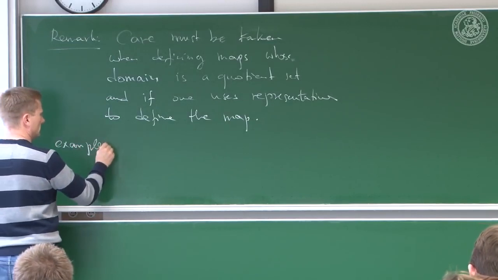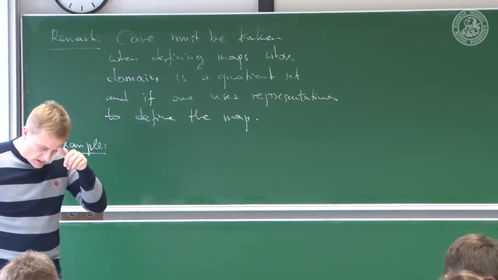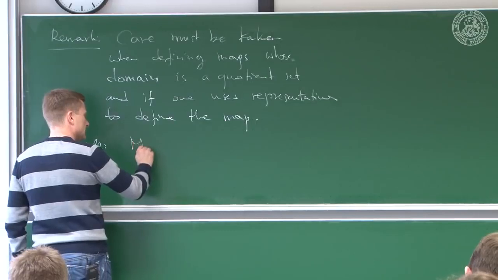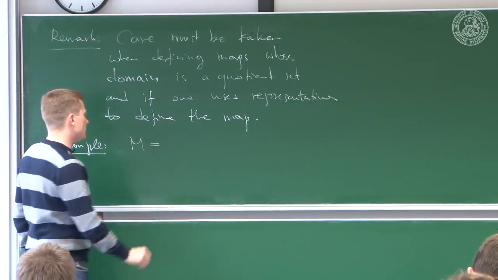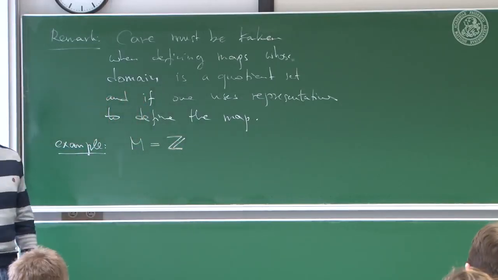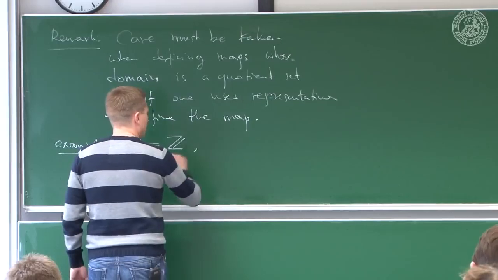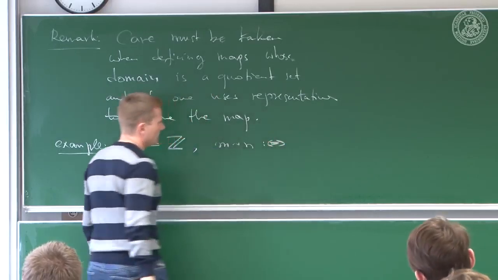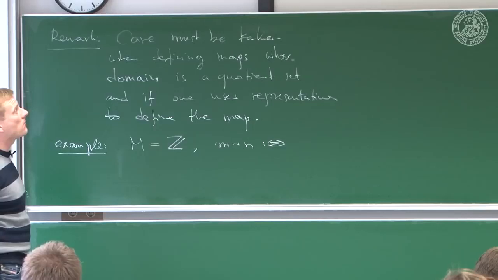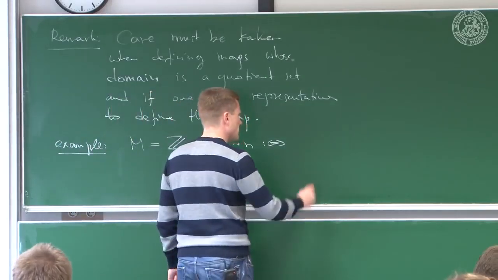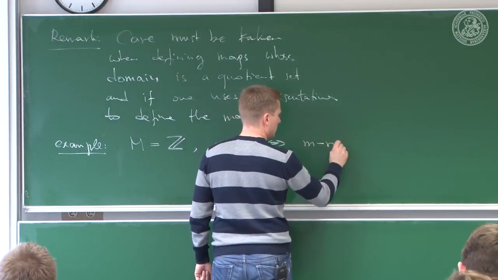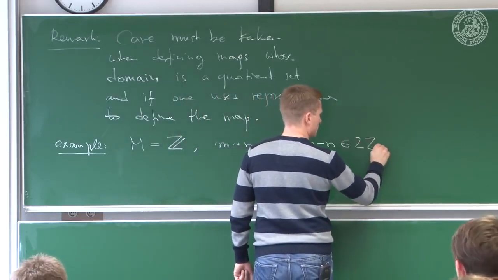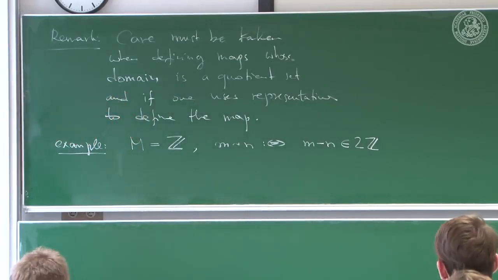Example. Take as the set M the integer numbers Z and define two integer numbers m and n to be equivalent if and only if m minus n is an even number.